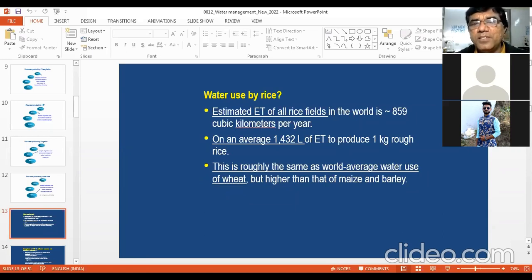Therefore, this variability is reported by people. But you can remember this 1,432 liters of water. This is roughly the same as world average water use of wheat. So ET value for wheat is also the same, but higher than that of maize and barley. Maize is a C4 plant, therefore water use efficiency is higher in maize. It can produce more grain with less water compared to rice or wheat.